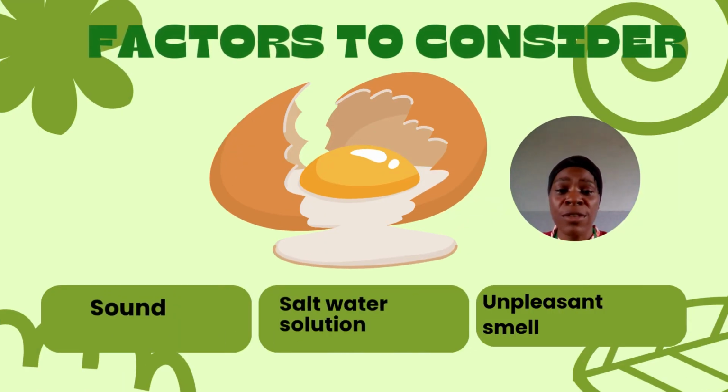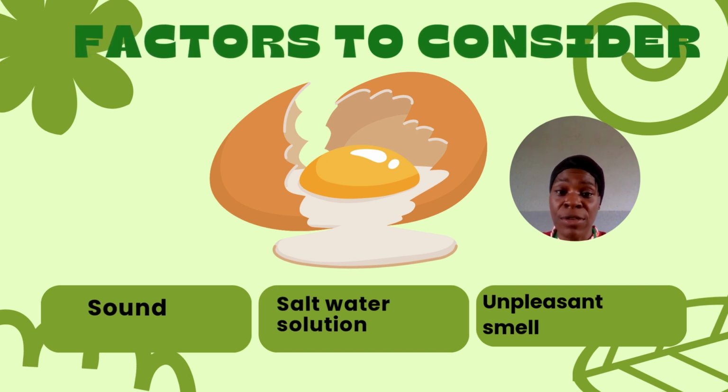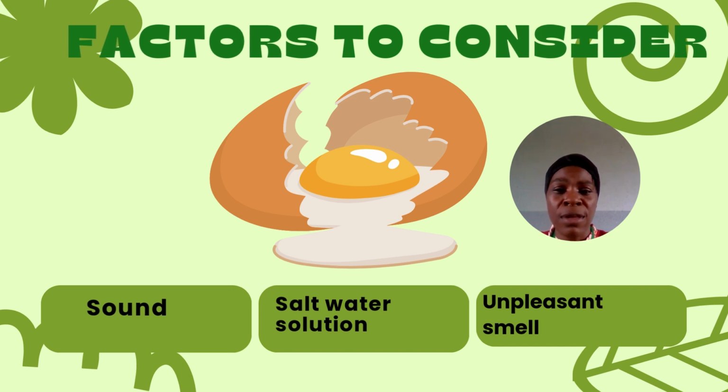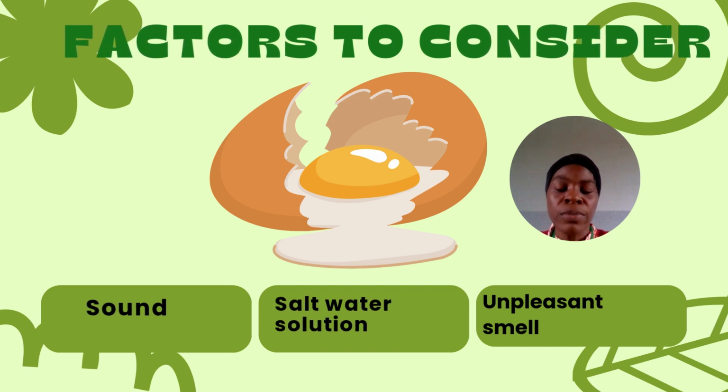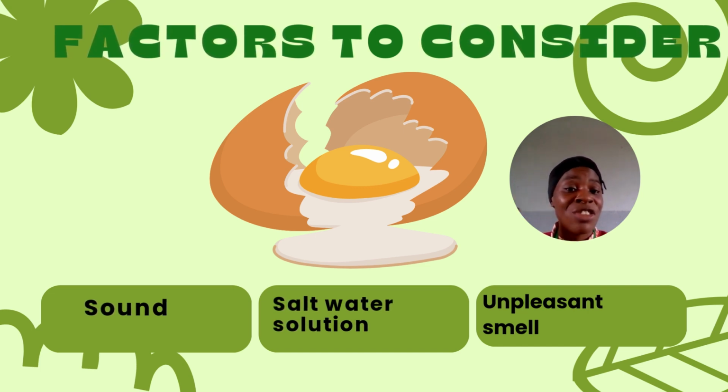So for the factors to consider when we are buying or purchasing eggs, let's look at some of the factors I've listed here. Out of several factors, I'll be looking at three in today's class. One of the factors we need to consider is sound. A good egg should not make a sound when shaking.